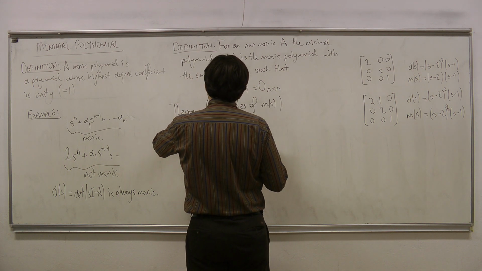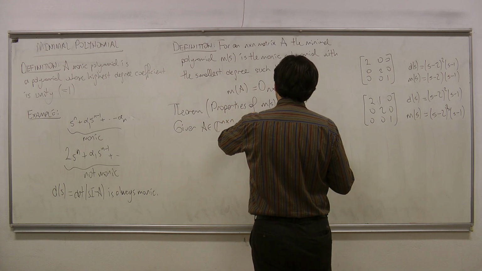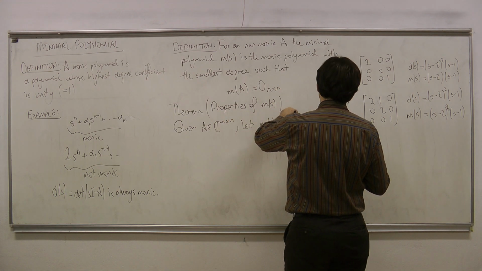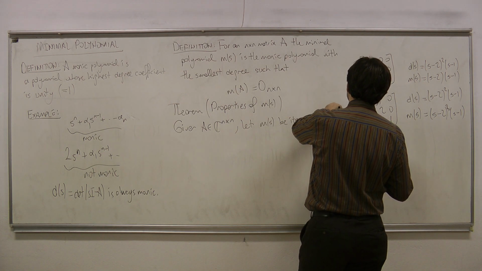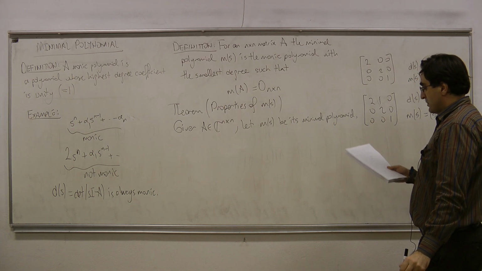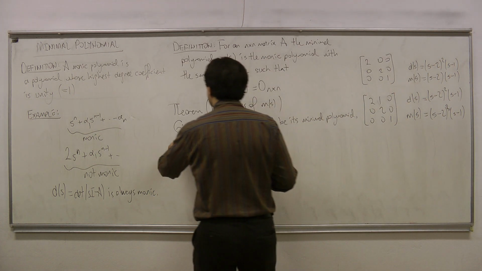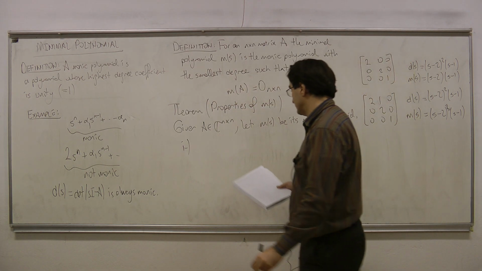Given A in C n by n, let m of s be its minimal polynomial. Then there are 3 properties. I will first write the properties, and then I will talk about what they mean.